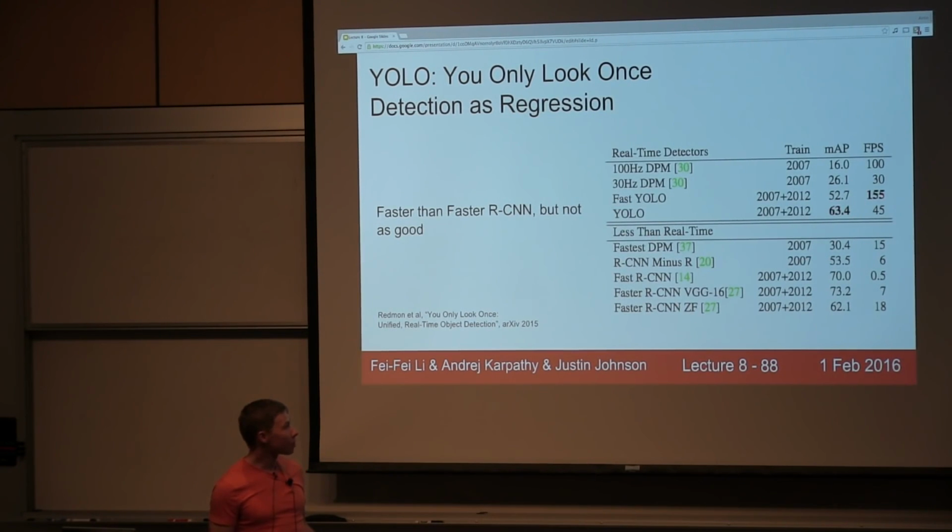You can see YOLO gets 64, which is pretty good, and runs at 45 frames per second. This is obviously on a powerful GPU, but still, that's pretty much real time. That's amazing. Then there are these different versions of Fast and Faster RCNN. These pretty much all beat YOLO in terms of performance, but are quite a bit slower. So that's a neat twist on the detection problem.